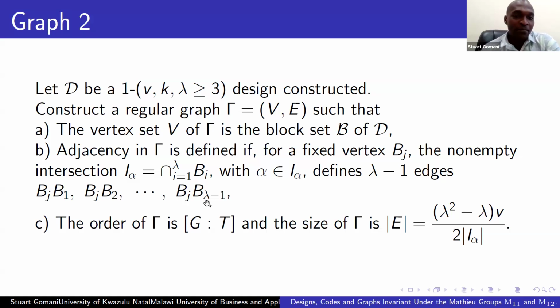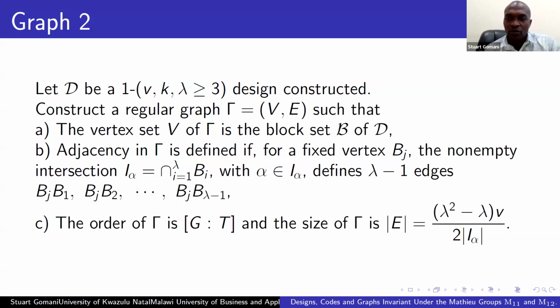So we have created lambda minus 1 edges out of this intersection. So we find that with that, we're able to have a graph. And that graph, again, has the size of the vertex set equal to the index of the maximal subgroup in the group. Of course, this is obvious because of our choice of A. And the number of edges in that graph is given by this expression, lambda squared minus lambda times V over 2 times the size of I sub alpha.